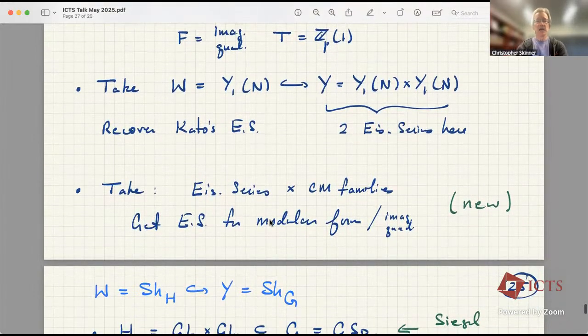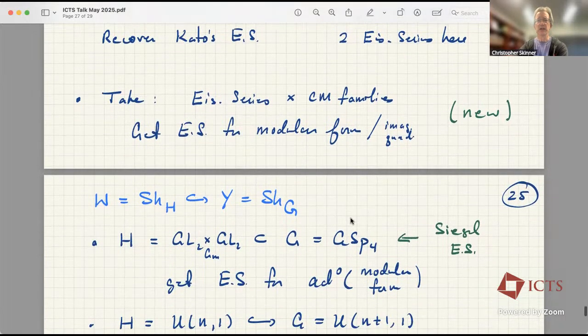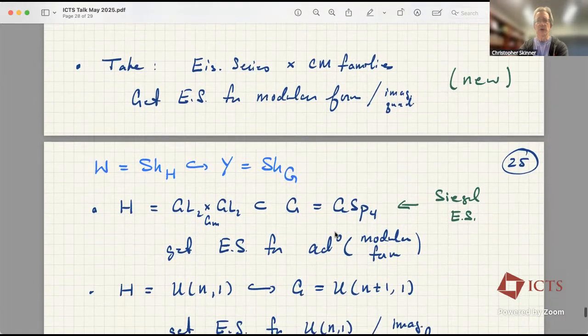If you take W to be one modular curve sitting inside a product of two modular curves, and you take two Eisenstein classes on the two modular curves, you can recover Kato's Euler system and his explicit reciprocity law. You can generalize this if you take an Eisenstein series and a CM family instead. And so you can get an Euler system for a modular form over an imaginary quadratic field. That's something Marco might talk about.